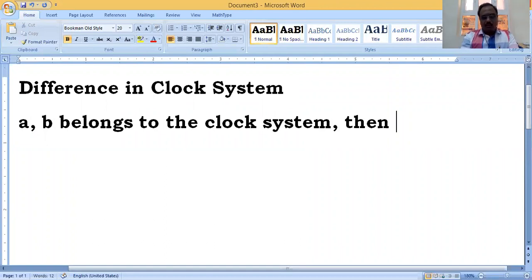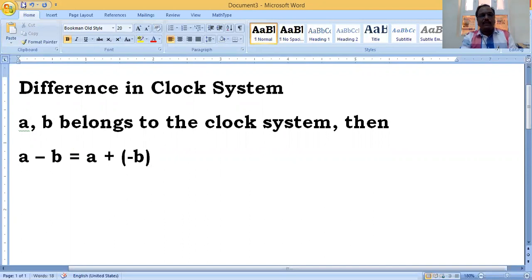Then what is A minus B? We define A minus B as A plus minus B, where minus B is nothing but the additive inverse of B.